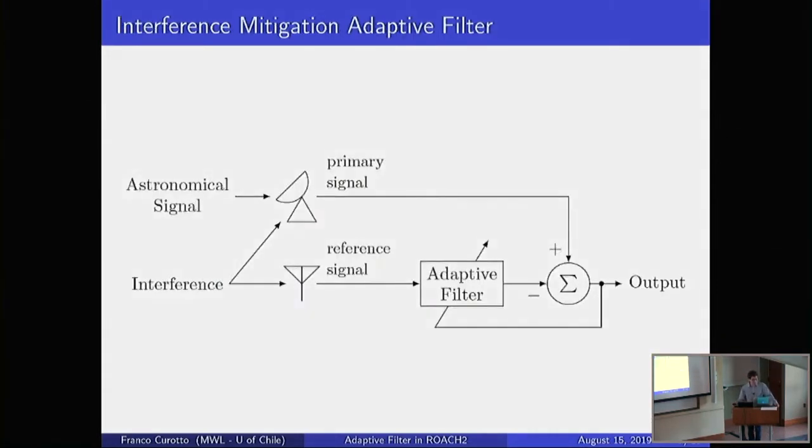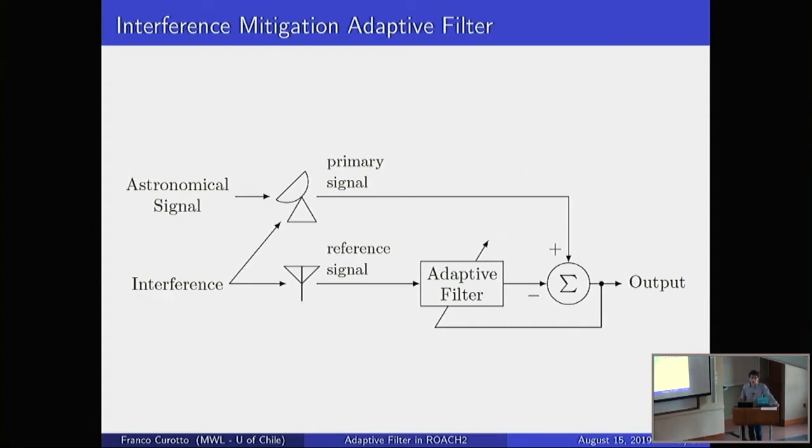Okay, so now to the specific implementation of my solution, or what I'm trying to propose as a solution. It's called an interference mitigation adaptive filter. So what is this? It's basically a system where you have to put a reference antenna. You have your telescope that is measuring an astronomical signal, and then you have a separate antenna, called the reference antenna, that is measuring the interference that's also corrupting your astronomical data.